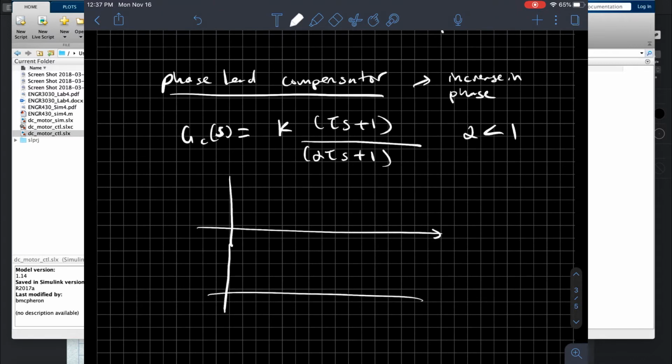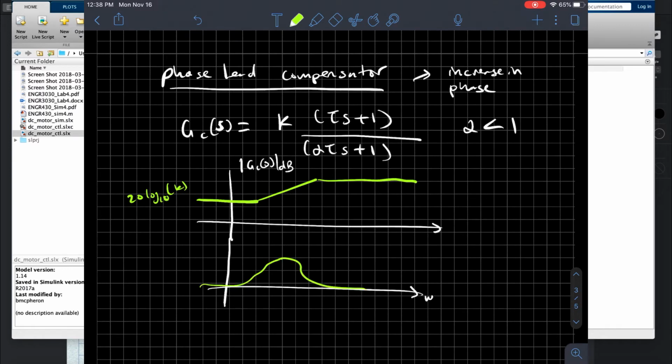If this is omega, we'll start with the magnitude of G_C(s) in decibels. I start from 20 log base 10 of K, and then at a certain frequency, which I'll tell you in a moment, it goes up in magnitude, and at another frequency it will turn off and flatten out. The corresponding phase looks something like this.